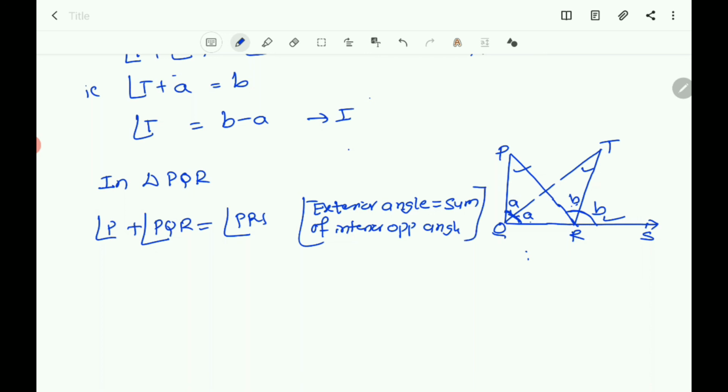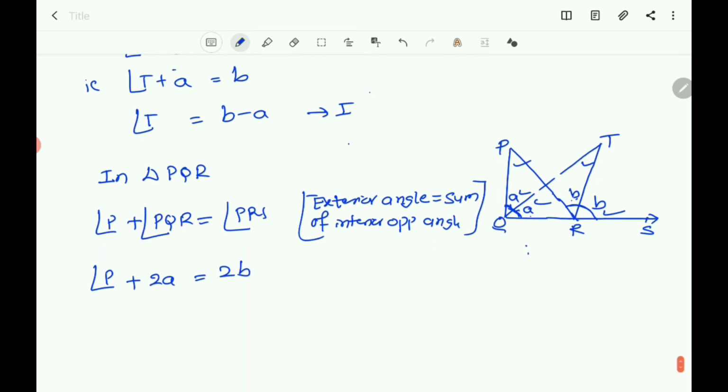Here these two are interior opposite angles. Angle PRS is the exterior angle, and angle PQR here is a sum of angle A and angle A. So it becomes 2A, and PRS is B plus B, that is 2B.